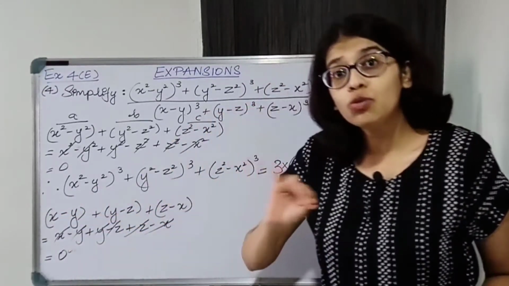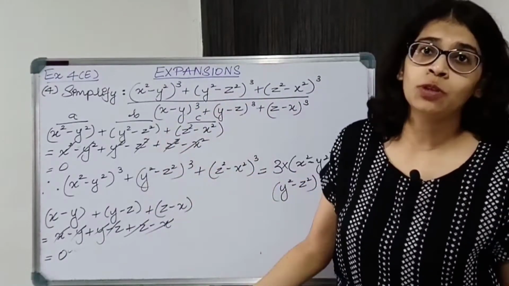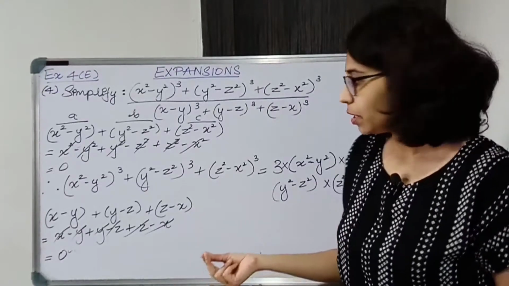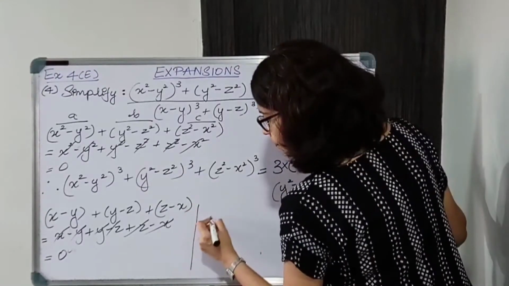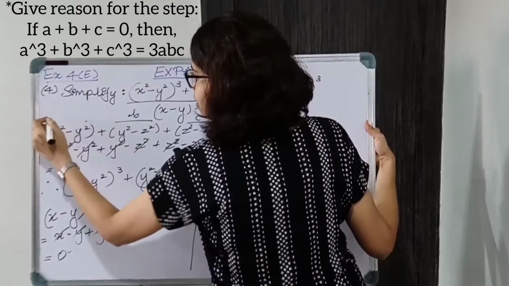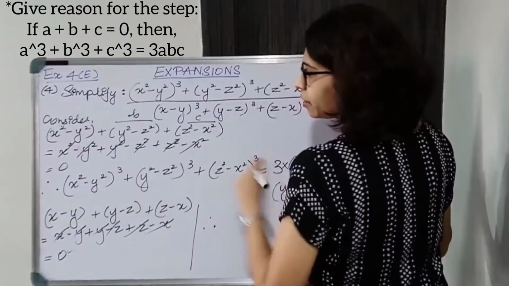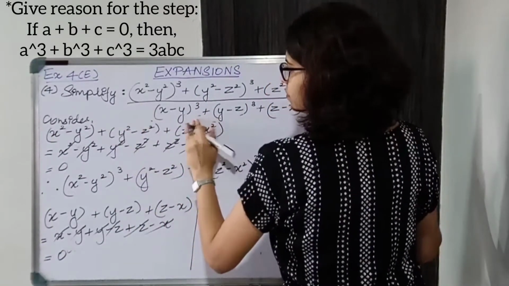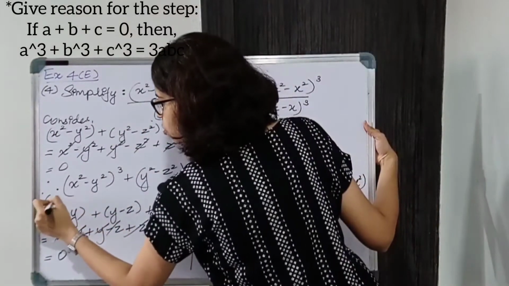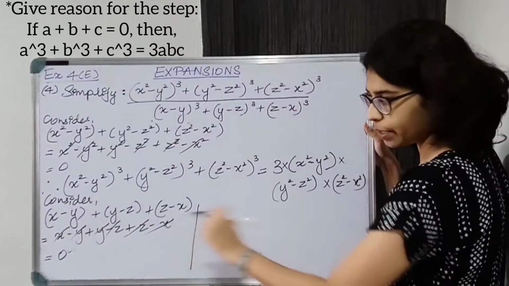So I can use the property a cube plus b cube plus c cube is equal to 3abc. Just write down over here, consider. First we considered the numerator, the numerator was this. And then consider this denominator.